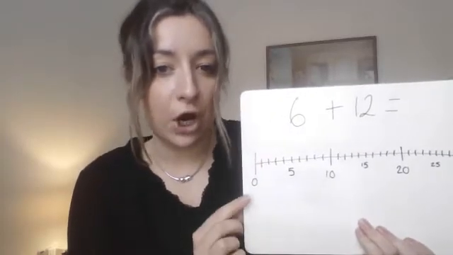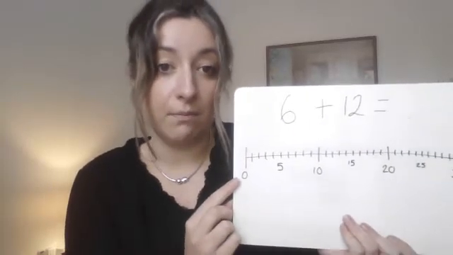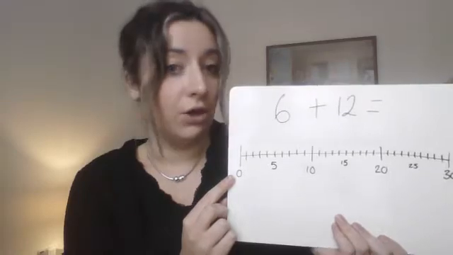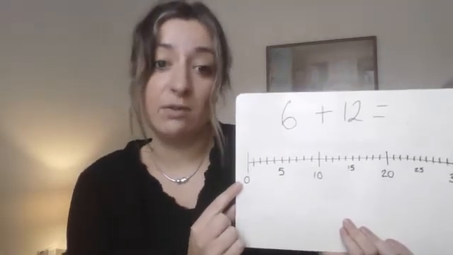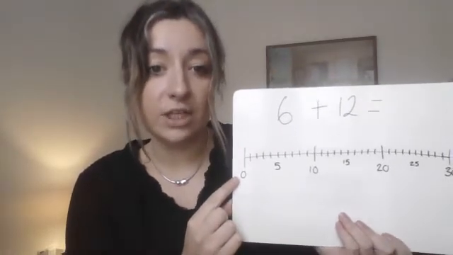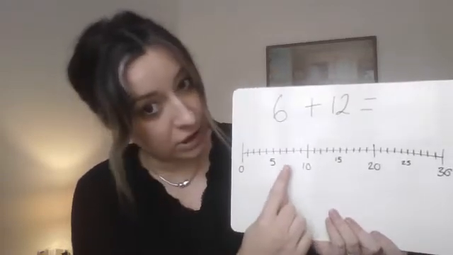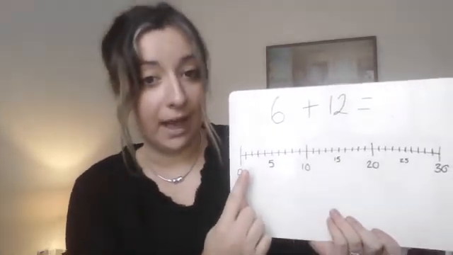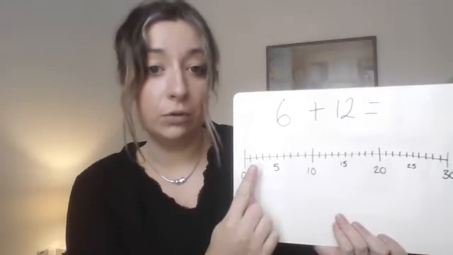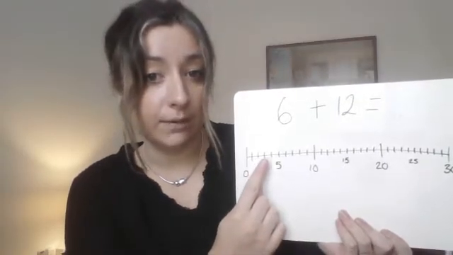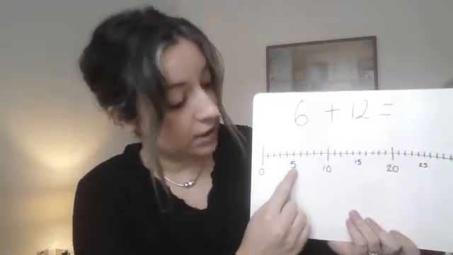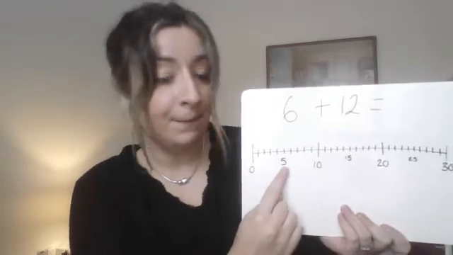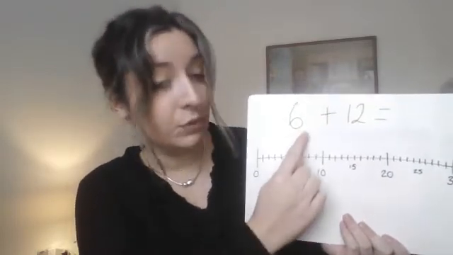Am I going to start counting my integers from 0? No. Where should my finger be starting on the number line? Hopefully you can put your finger on the right one. It should be starting at 5, because 5 is very close to 6.